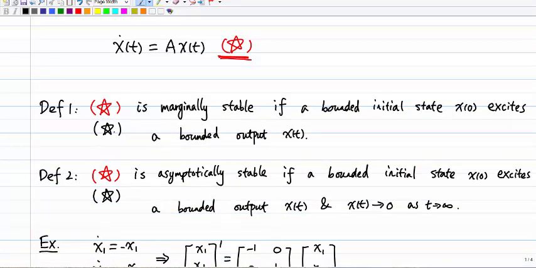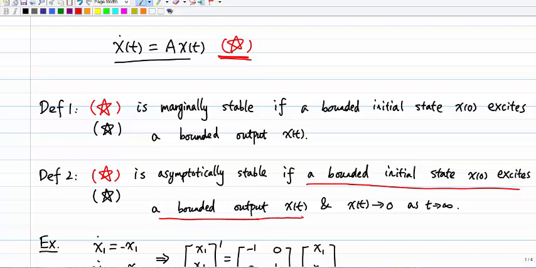Here is the definition of asymptotic stability. The red one, which is given by this equation, is asymptotically stable if a bounded initial state x0 excites a bounded output x sub t, and we also have a second condition; the first condition is the same as for marginal stability. There's one additional condition to guarantee asymptotic stability, which is that x t will go to 0 as t goes to infinity.